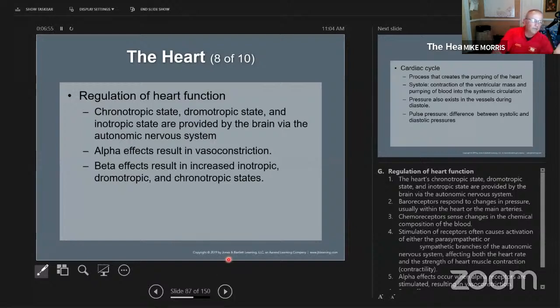Usually when those terms come up, we're talking about the effects of beta 1. That's normally when it comes up.